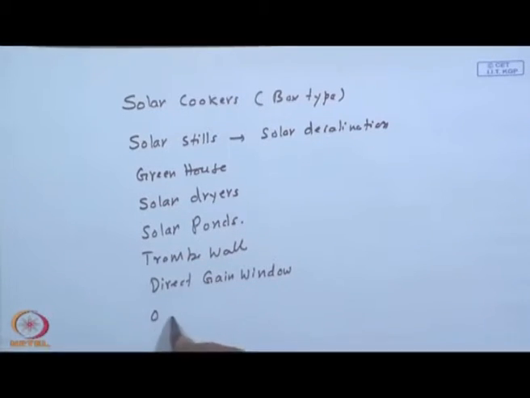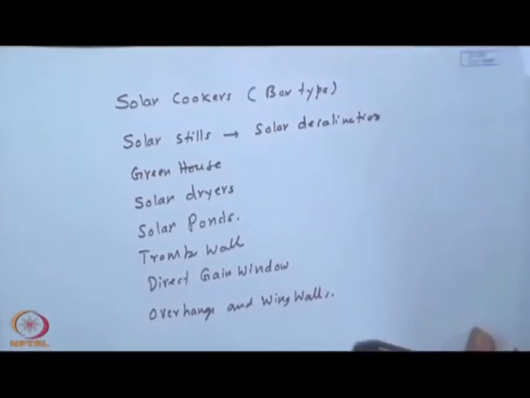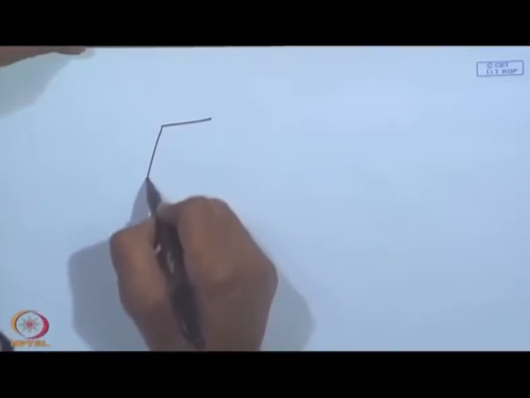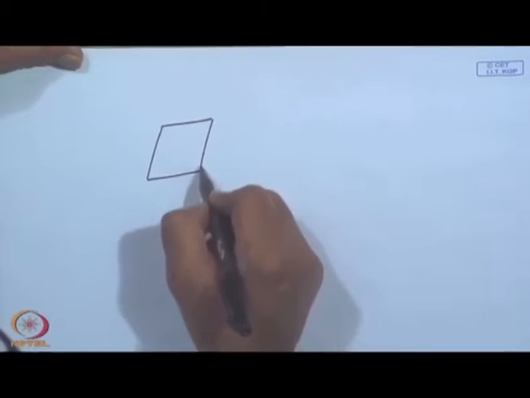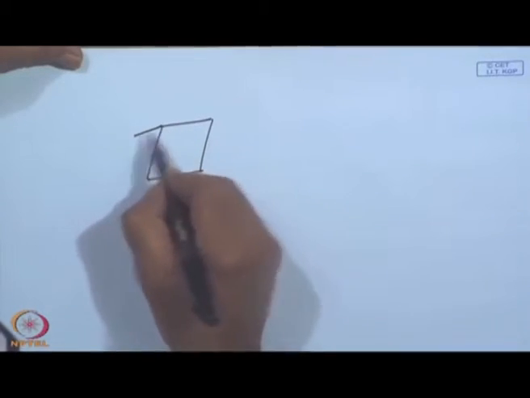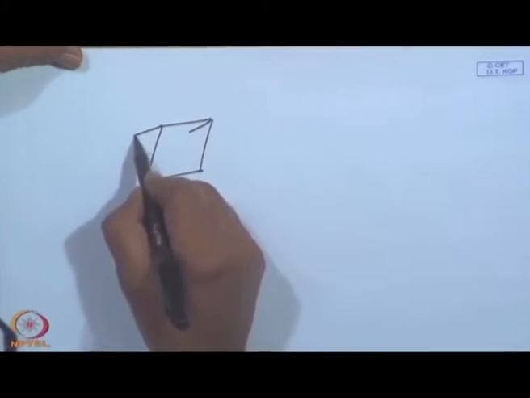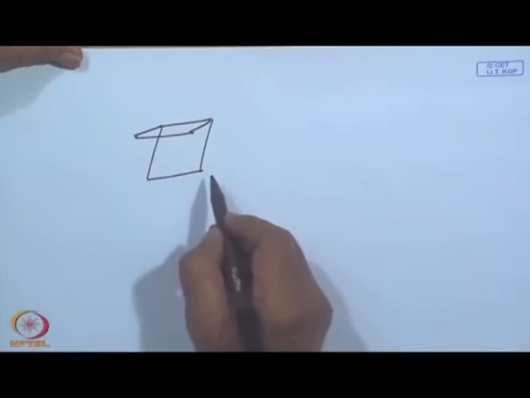Then these are overhangs and wing walls. So, I will just explain this a little bit before we go into detail. For example, you must have seen almost all the windows will have a projection, right.